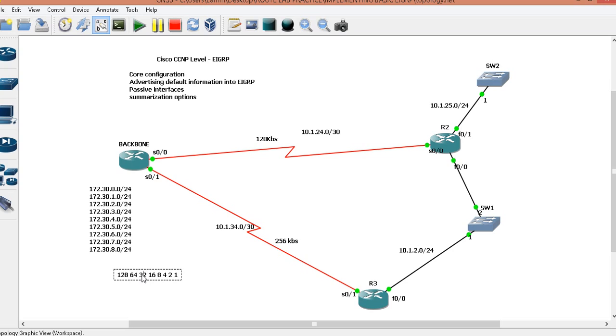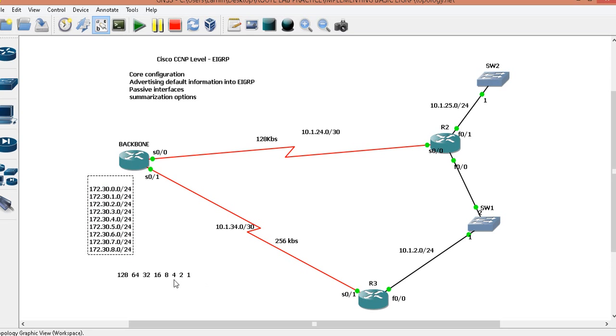What I learned from my good instructors and online is that I use the increments: 128, 64, 32, 16, 8, 4, 2, 1. So I'm going to summarize up to 7. This is what should be summarized. So 8 should not be summarized.